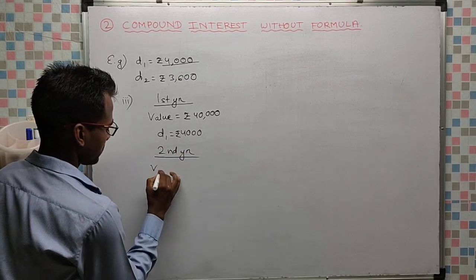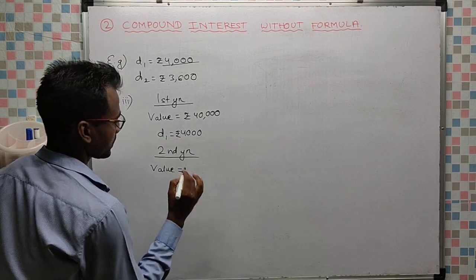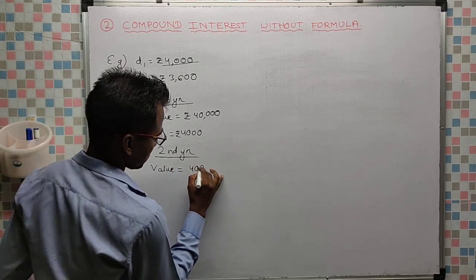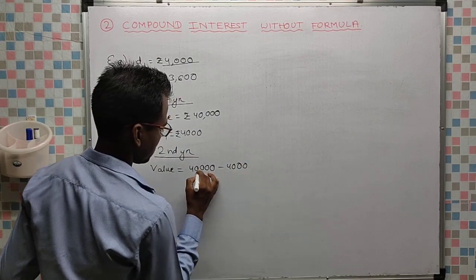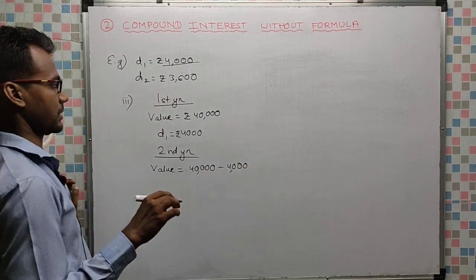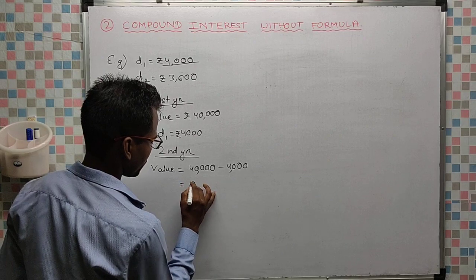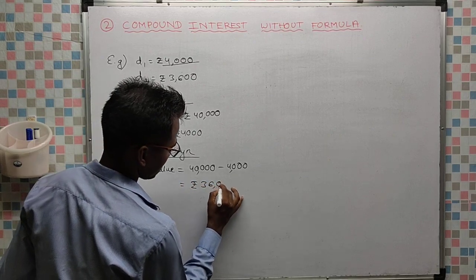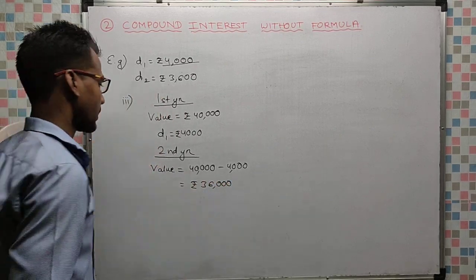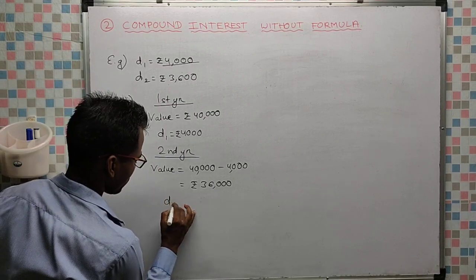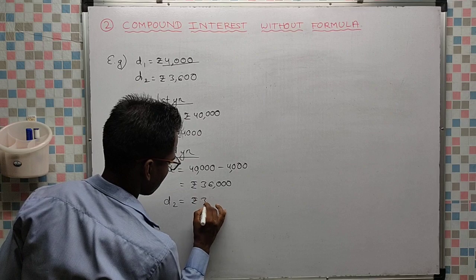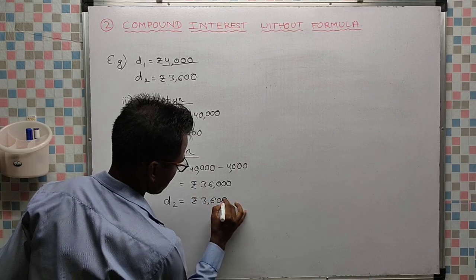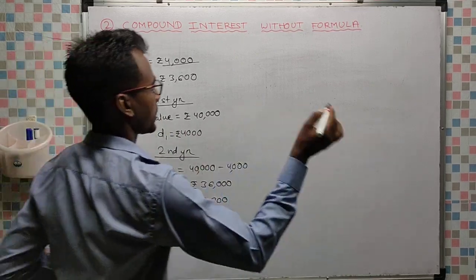Second year, value will be 40,000 minus 4,000 because the value is depreciating, which will give you rupees 36,000. Now D2 we don't need to calculate; it is given already as rupees 3,600.